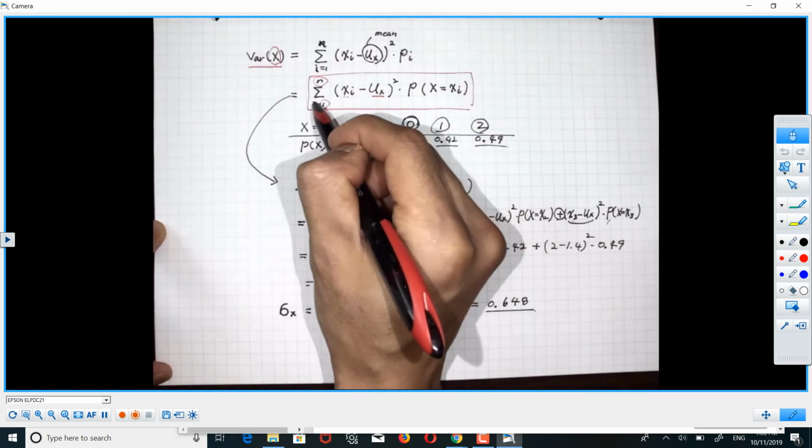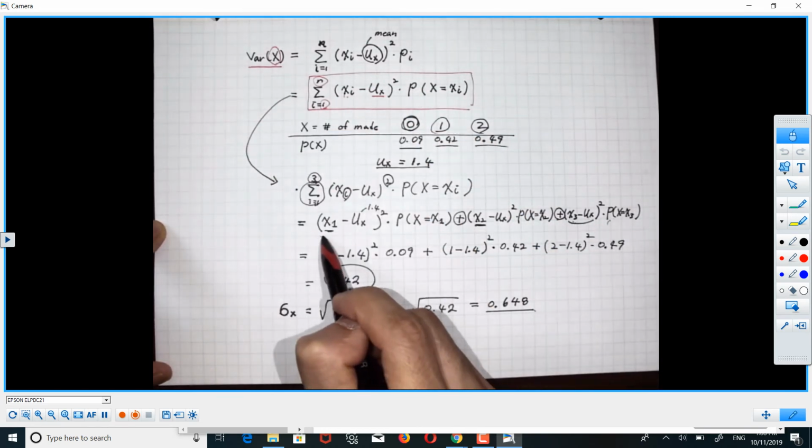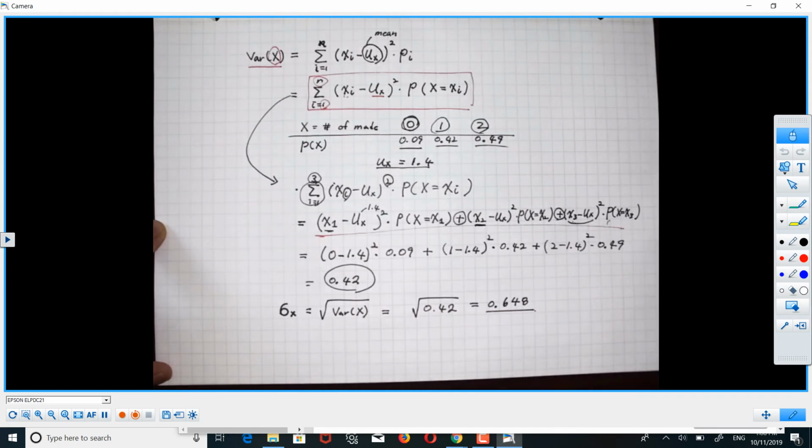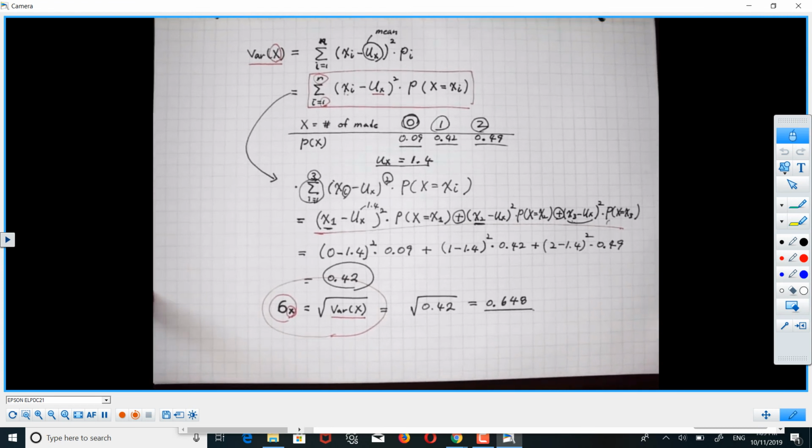And if you just expand this, we have this formula. And then finally, the standard deviation of the random variable x is the square root of the variance of x. So that's another formula that you should know. Okay, so let me just end my lecture here.